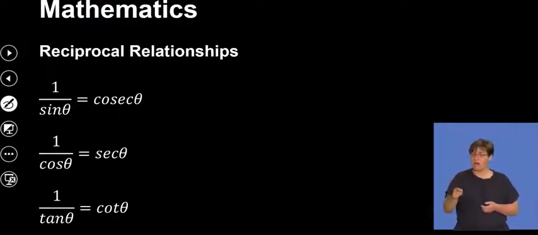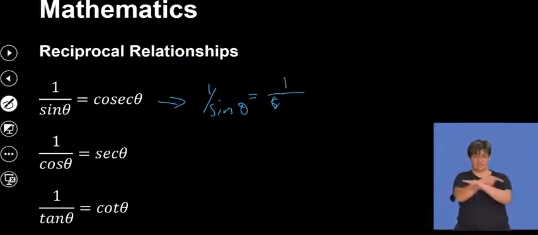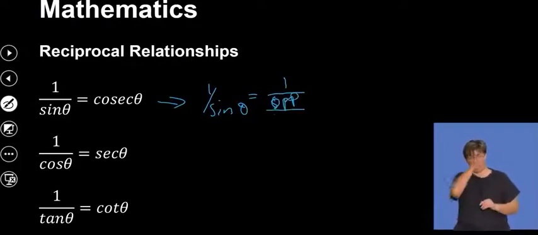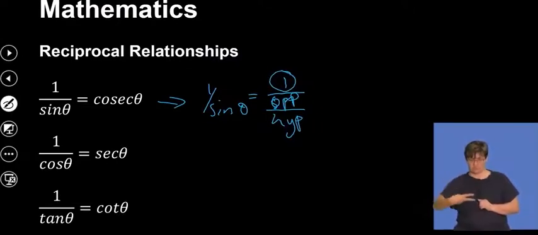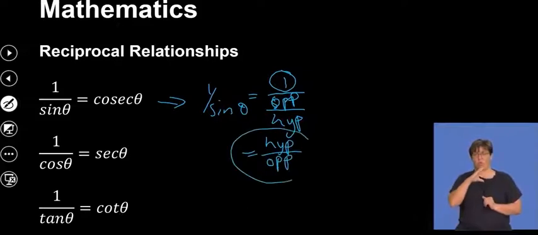Now, with a reciprocal, you can see it's 1 over sine. So 1 over sine theta, remember, it's the same as 1 over opposite over hypotenuse. And because I'm saying 1 divided by, these two will swap around, because that was the big idea. And this becomes hypotenuse over opposite, which will then be the cosec.